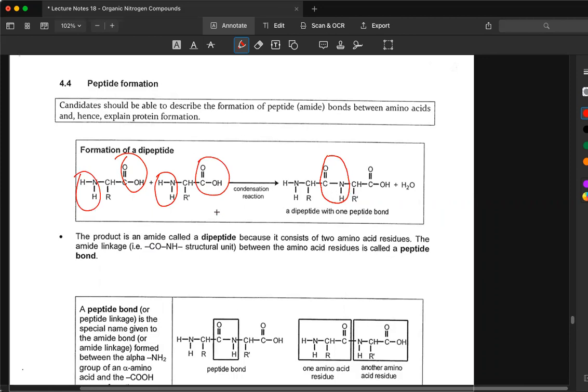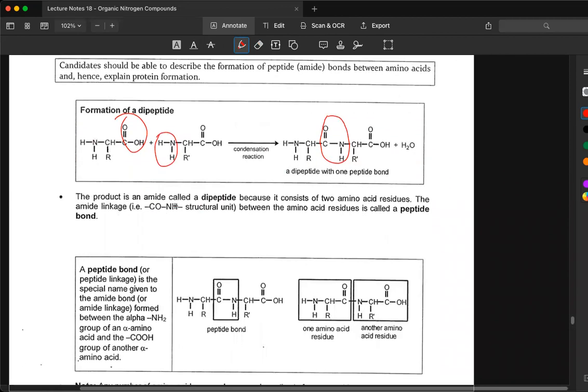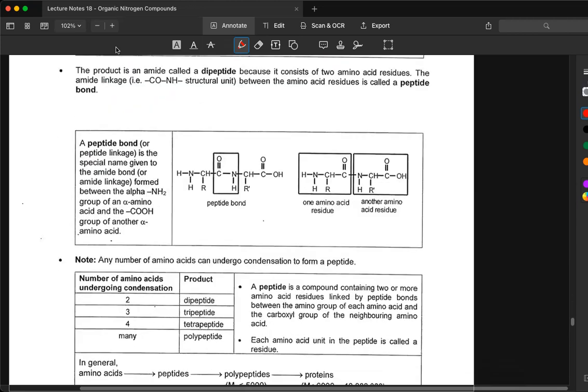Water release. Dipeptide with one peptide bond. The product is an amide called a dipeptide because it consists of 2 amino acid residues. The amide linkage between the amino acid residues is called a peptide bond.